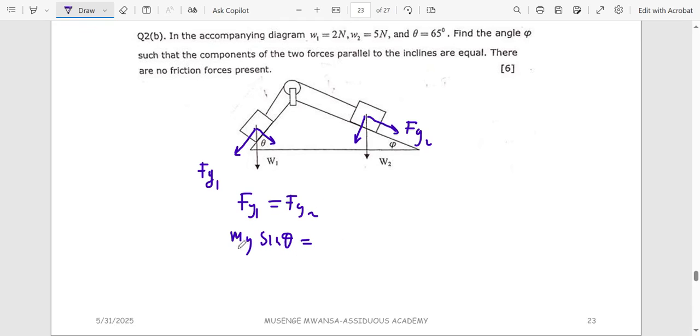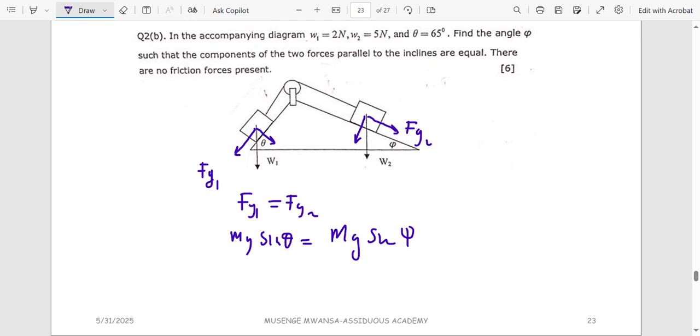Please take note of the masses. You have different masses here. Where there is again Fg, we are going to put mg sine, but the angle here is this angle like that. So that's number one. That's how we are going to put it there.